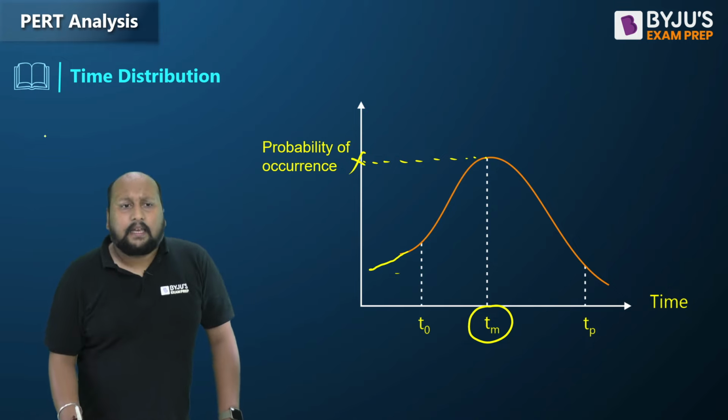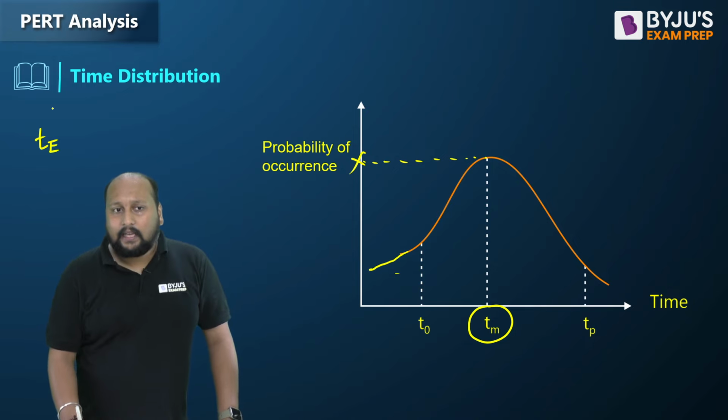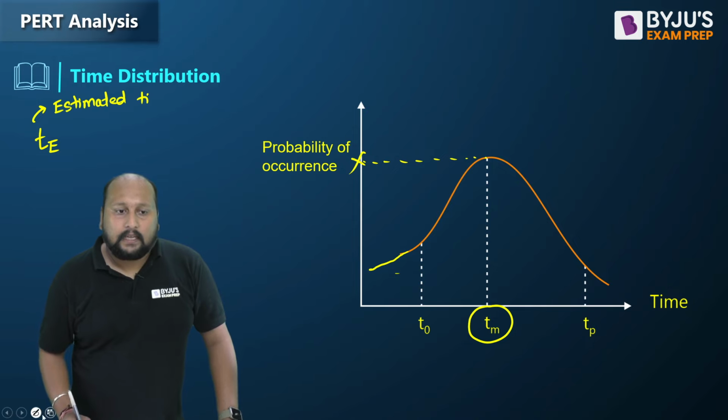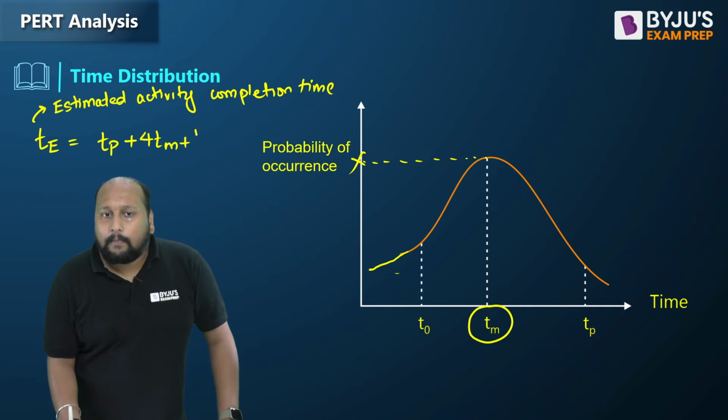So I can simply say the mean value, or the estimated activity completion time, which we denote as TE, will be equal to TP, that is pessimistic time, plus 4 times most likely plus optimistic time, divided by 6.